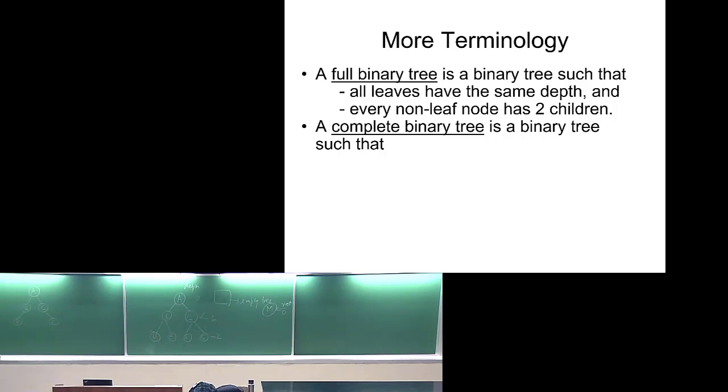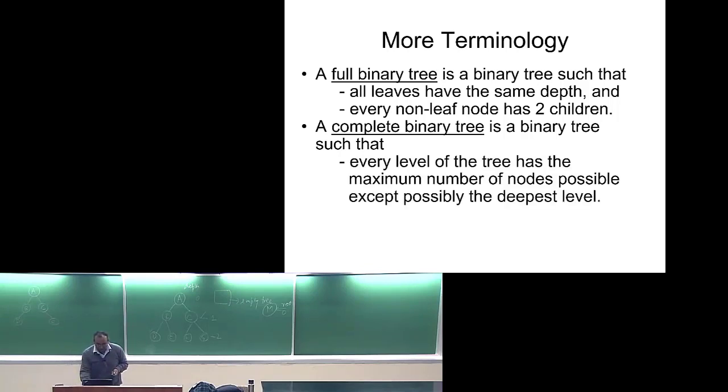Right? So now let me give you the definition of complete. It's not complete, right? Because the condition of the complete is that, let me show you the definition and then we'll discuss with this example. A complete binary tree is a binary tree such that every level of the tree has the maximum number of nodes possible except the deepest level. Okay?